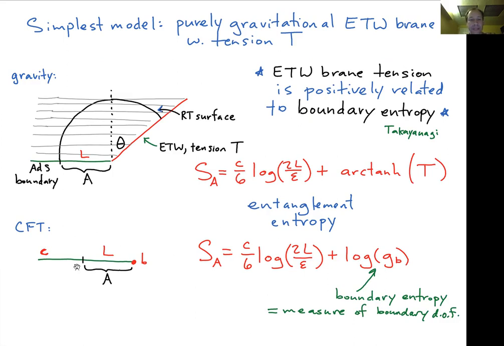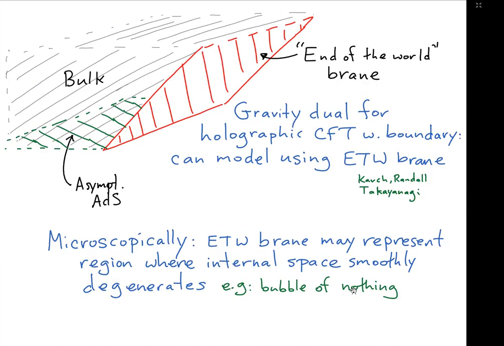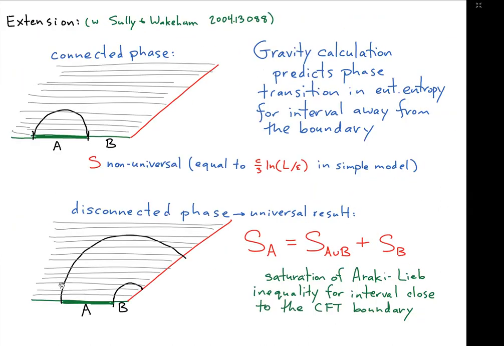That has a universal answer. For an interval which includes the boundary, the answer for the entanglement entropy in any CFT is this. Similarly, this one here is the thing that computes the entanglement entropy of A plus B, which is also an interval that includes the boundary.